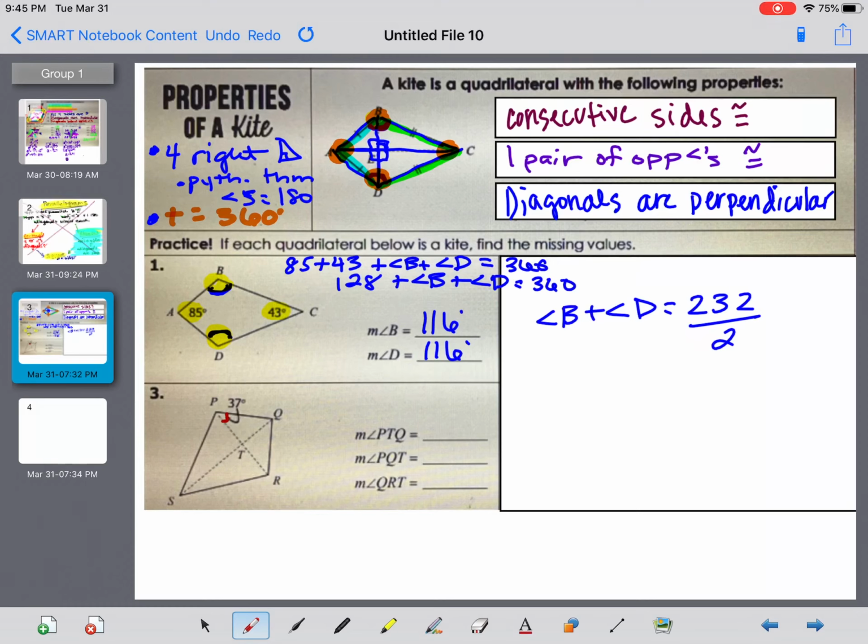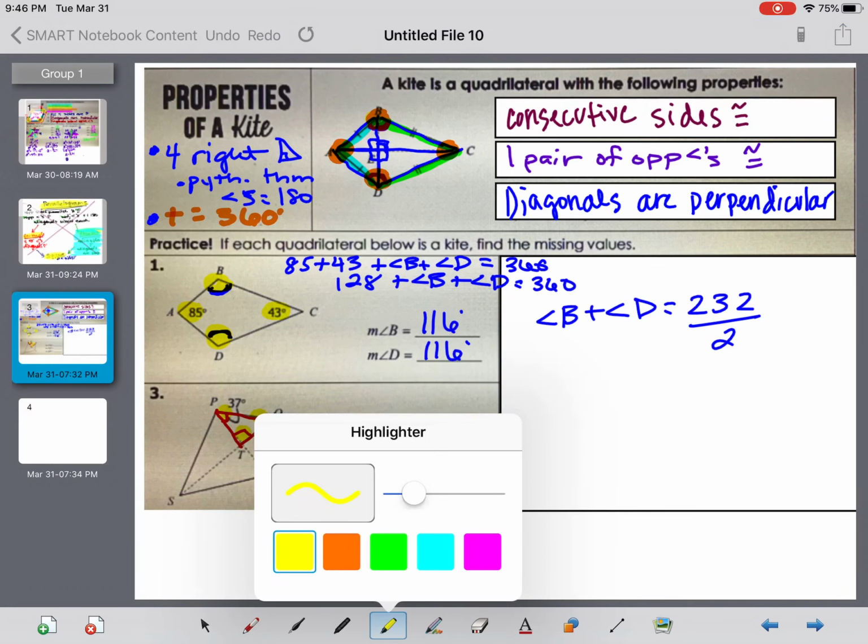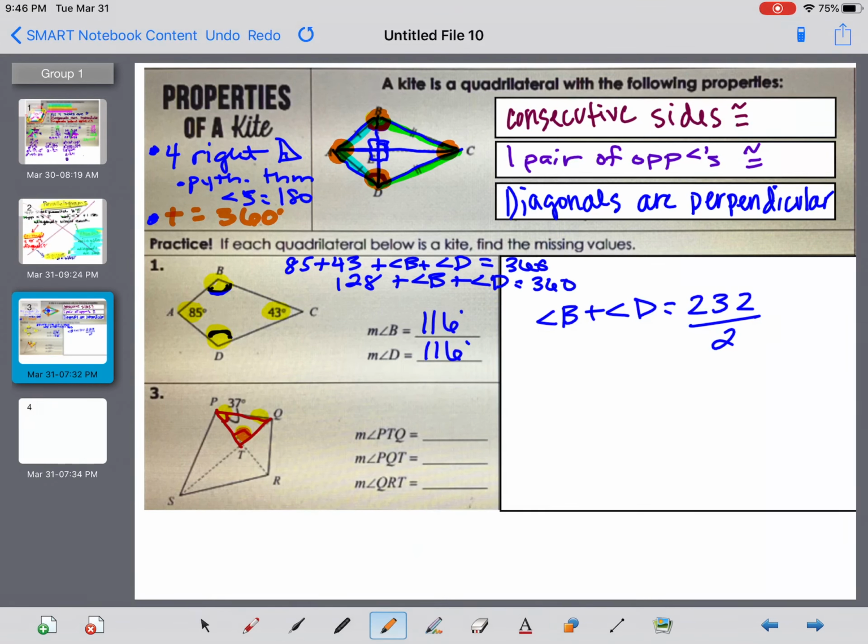This next one here tells us that this angle P is 37 degrees. All right. Now, that tells me a lot about this kite. First of all, remember, we said that this triangle right here was a right triangle. And that means that all 3 of those angles, yellow highlighter, this angle, and this angle have to add up to be 180 degrees.